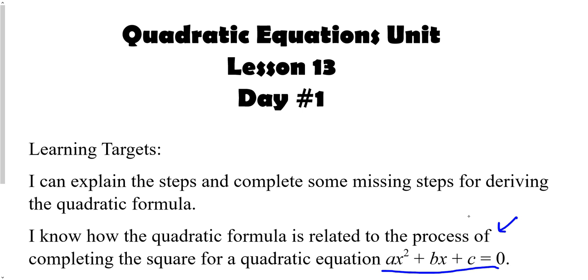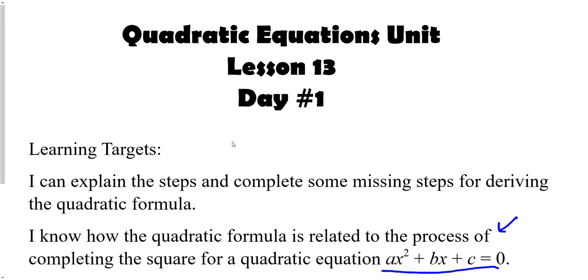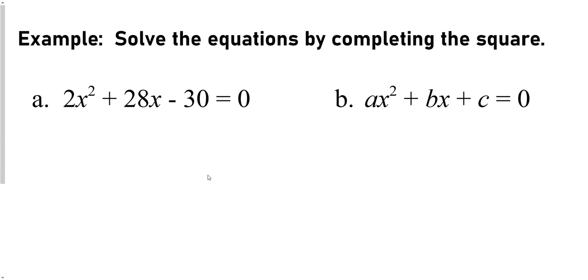They could be whole numbers, fractions, or radicals, doesn't matter. This formula will always produce the correct intercepts. So these are the things that we're going to learn to do. All right, let's get started.